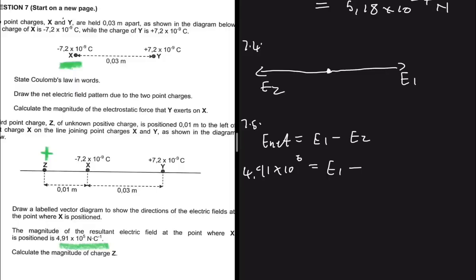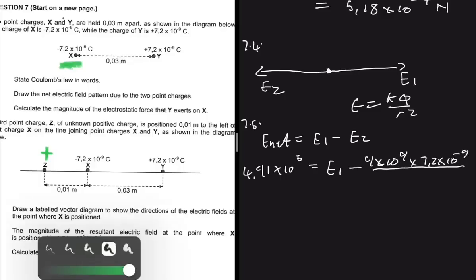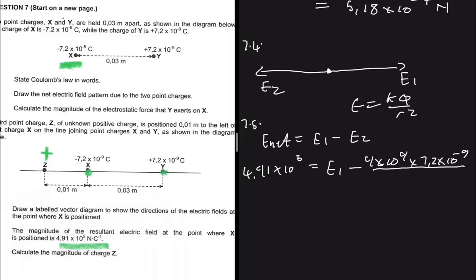Let's not forget that E is equal to kQ divided by r squared, right? So we're going to have 9 times 10 to the power 9 multiplied by 7.2 times 10 to the minus 9 divided by the distance, right? From here to here is 0.03 squared.